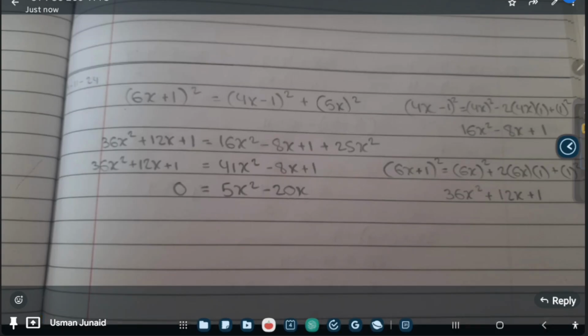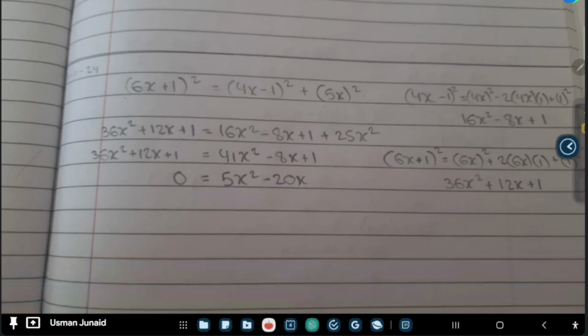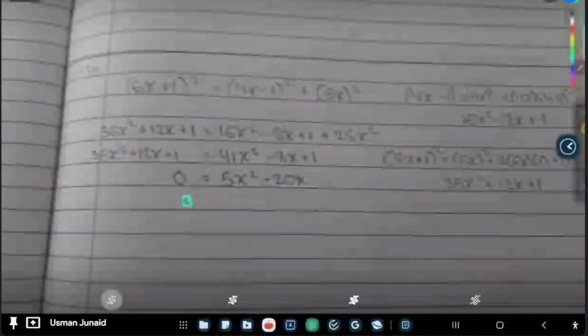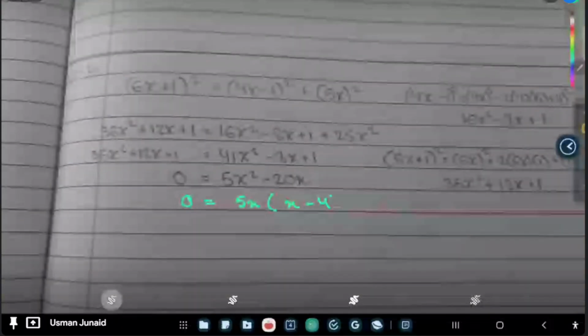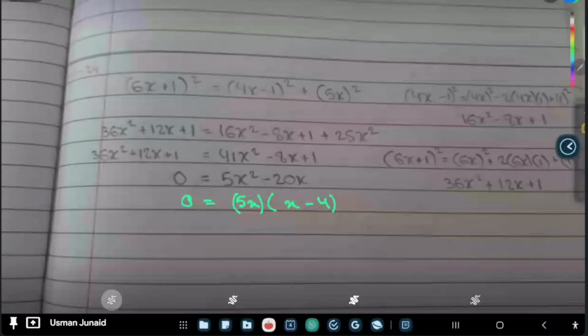Yes? Okay. So, here you don't have any third value. Can you take 5x common ले सकते हैं इन दोनों में से? Yeah? 0 is equal to 5x bracket x minus 4. Can you do that? Yes, sir. Now either 5x is equal to 0 or x minus 4 is equal to 0.